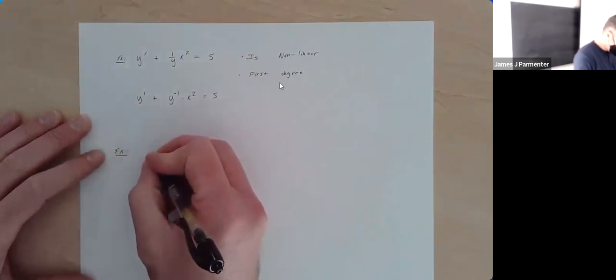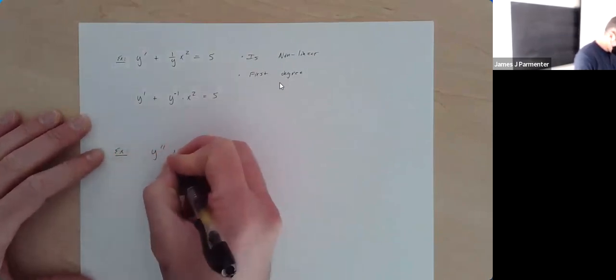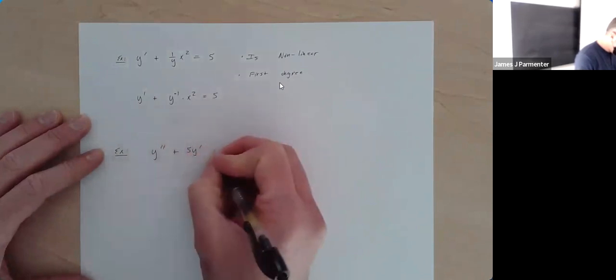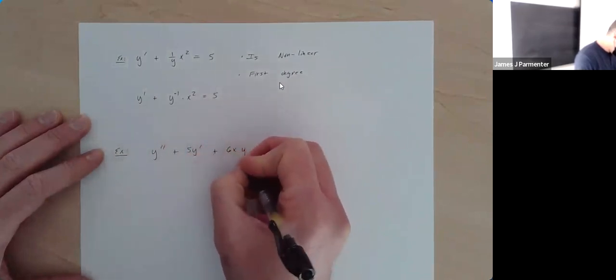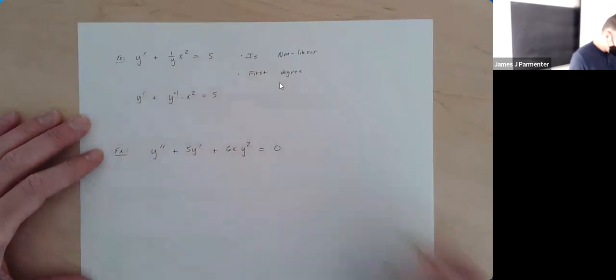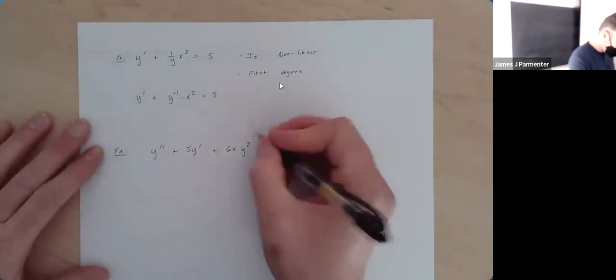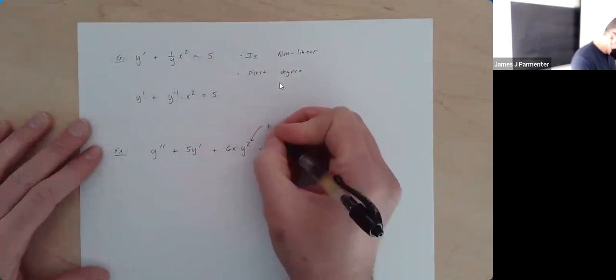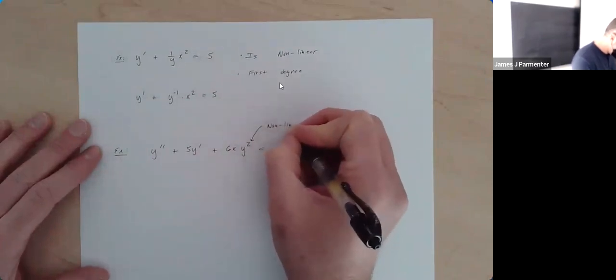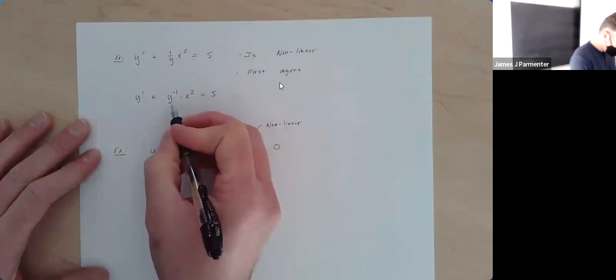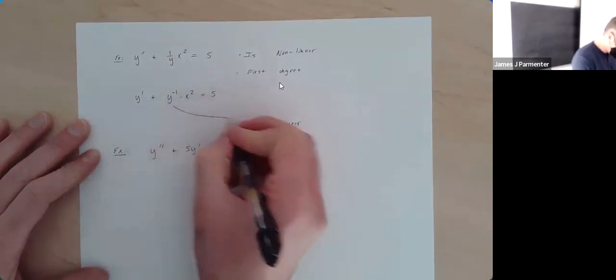This one here, y double prime plus 5y prime plus 6xy squared equal to 0, is also nonlinear, not because any of the multiples are issues, but because of the y squared. So that y squared is making it nonlinear. This y to the negative first is making it nonlinear.